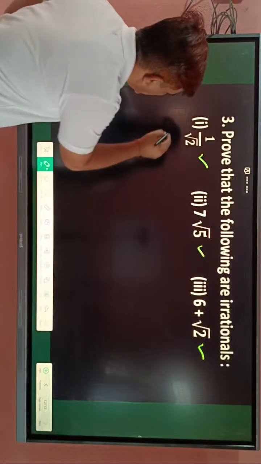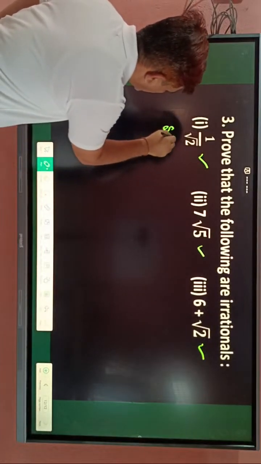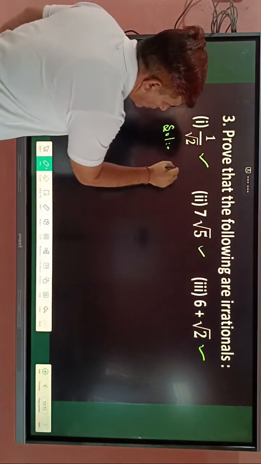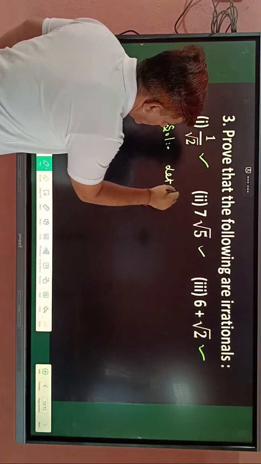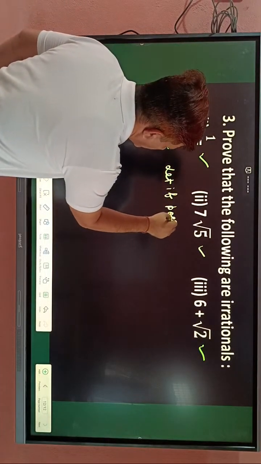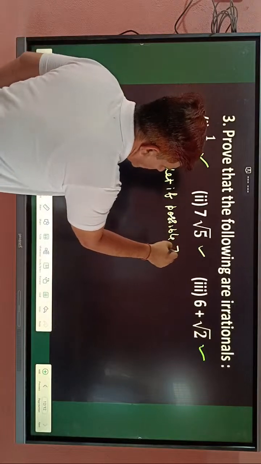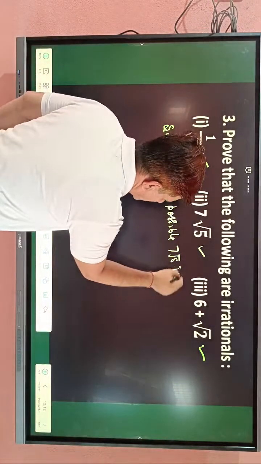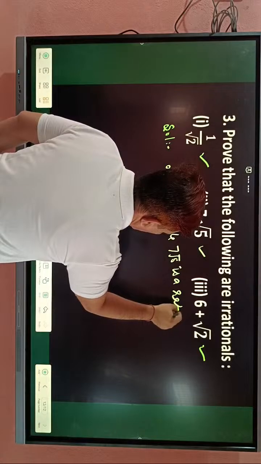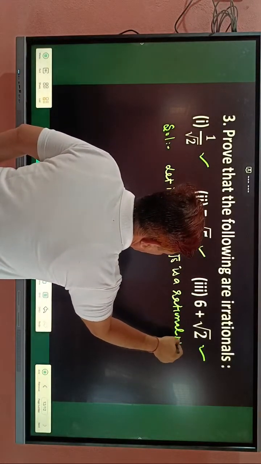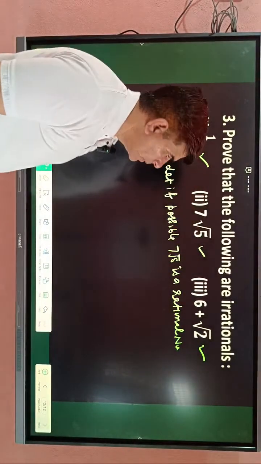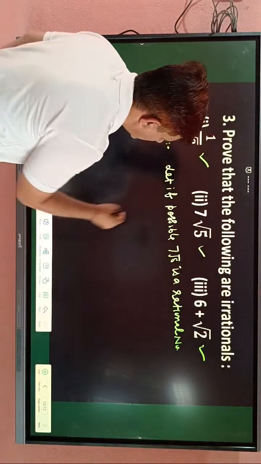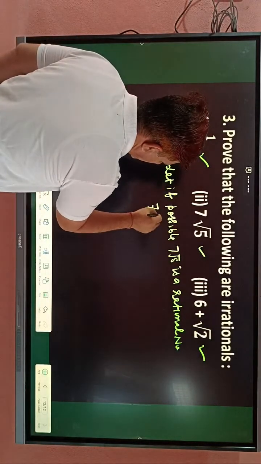But I can write the solution. Let, if possible, 7 root 5 is a rational number. If it is a rational number, then we can write in this form.